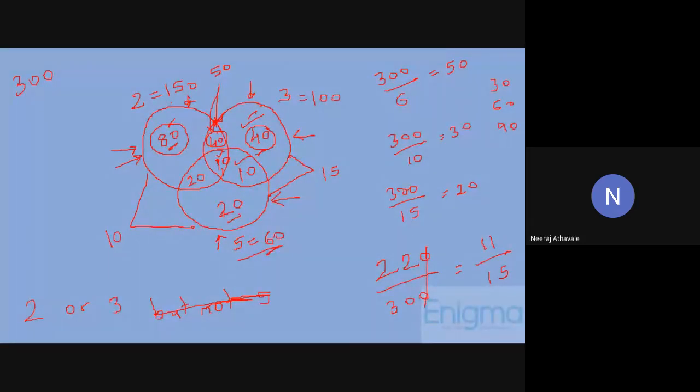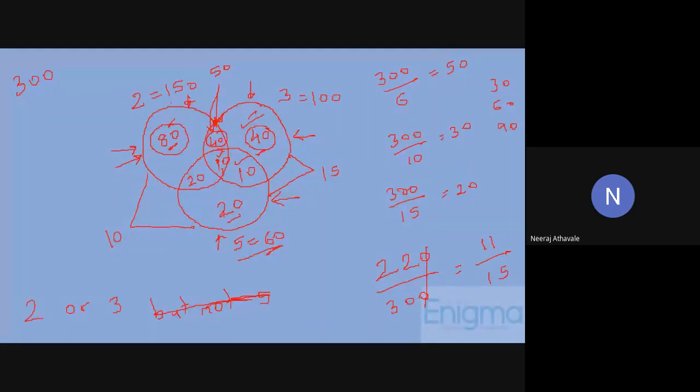So remember this. Now, how many numbers are divisible by 2 and 3 and 5? 10. Correct. 2 and 3 and 5 means the central region, which is common. So that would be your answer. One last thing and then we'll move on to the next topic.